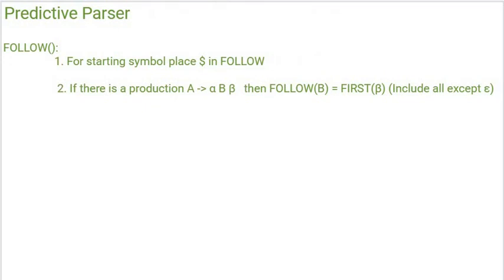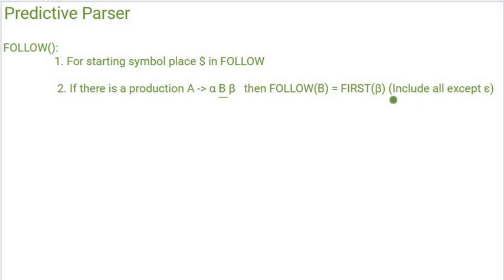The next rule says that if you have a production like A tends to alpha B beta, then follow of B will be first of beta. We want to calculate follow of B. So what will be follow of B? Follow of B will be first of beta.